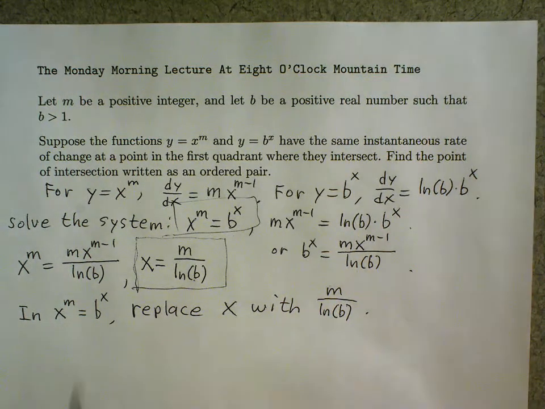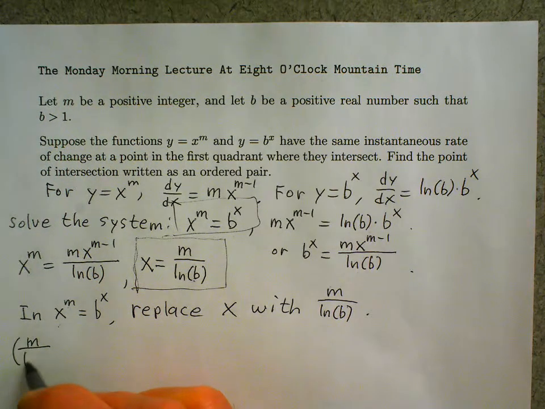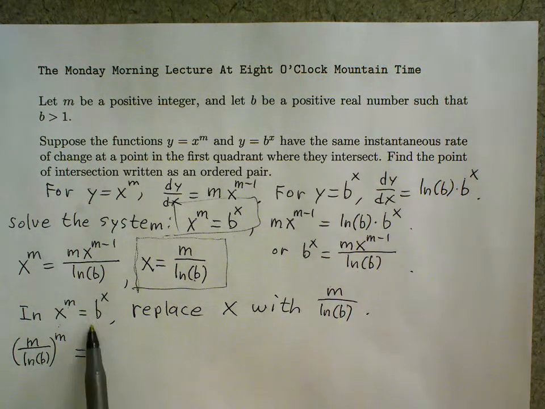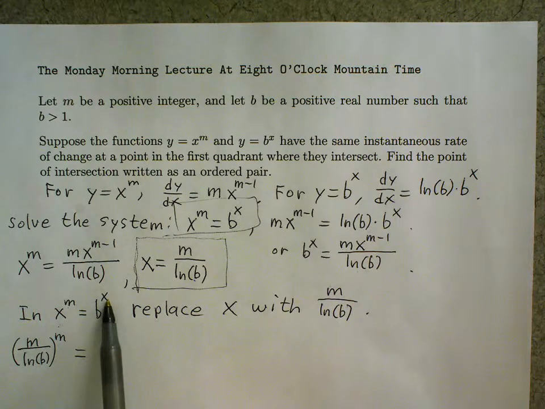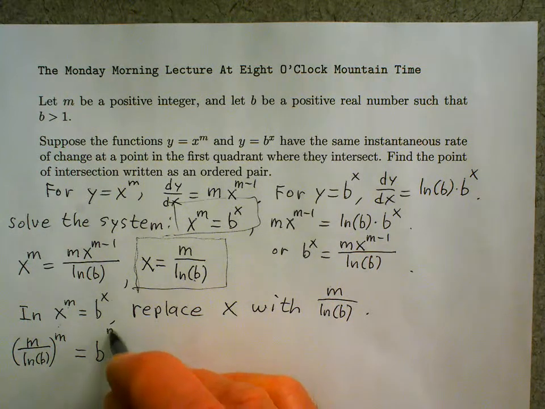All right, so instead of x to the m, we have m divided by the natural log of b to the m. And we're setting that equal to b to the x, but we're replacing this x with m over the natural log of b also. So we get b to the m over the natural log of b.